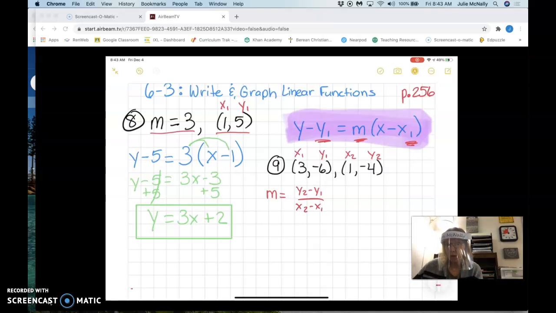And then I can plug it into that new formula. So I'm going to do m equals negative 4 minus a negative 6 over 1 minus 3. And that's going to equal 2 over negative 2. Or if I divide it out, it's just going to be negative 1.